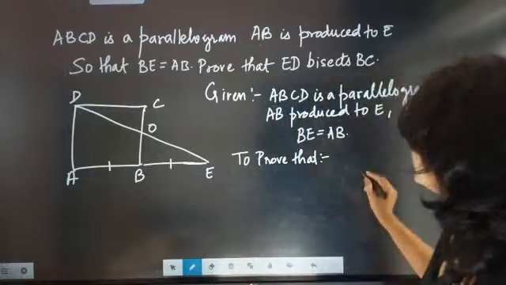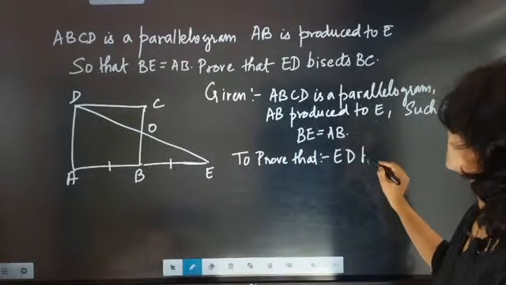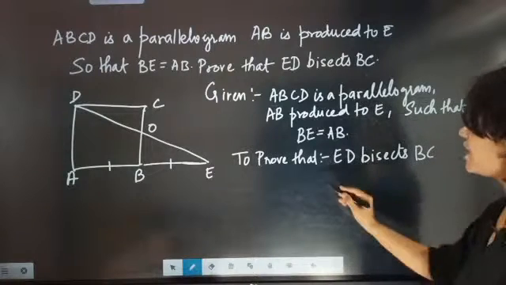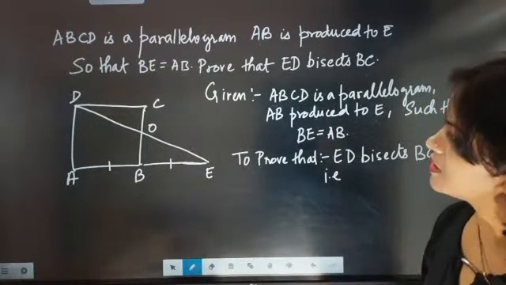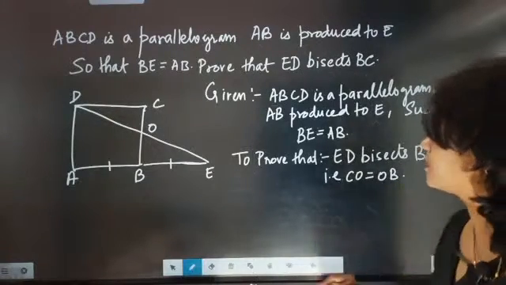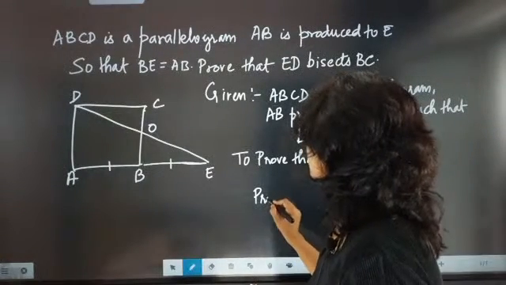What we have to prove is that ED bisects BC, that is CO equal to OB. Proof part.